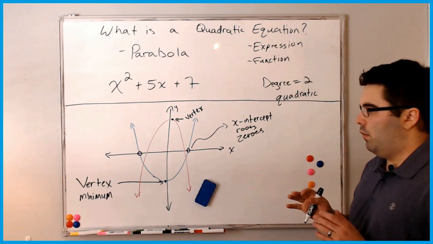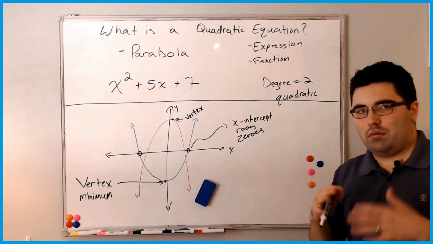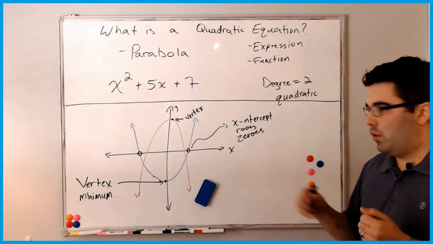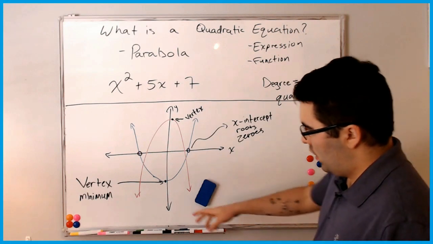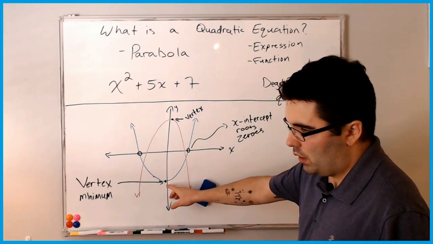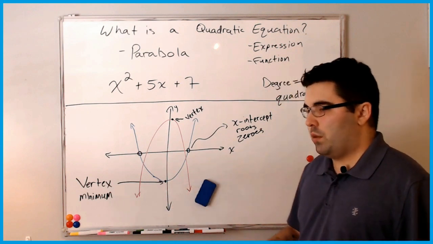The only other information here that I want to point out, sometimes some of your critical points, as they're called, can take on the same value in a problem. So for example, your vertex is really close to the y-axis here, but it's not quite there. If your vertex was actually on the y-axis, it would still be your vertex.